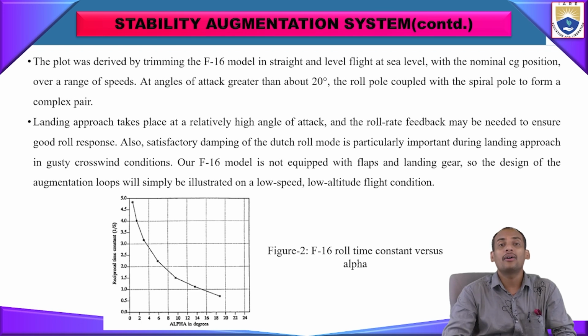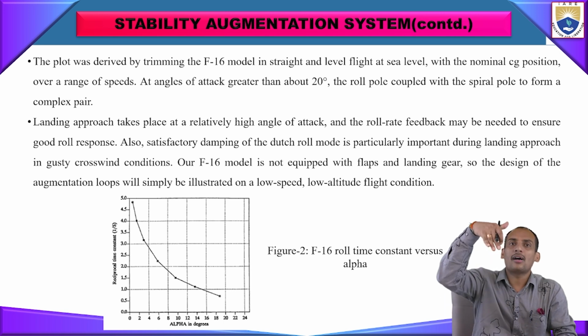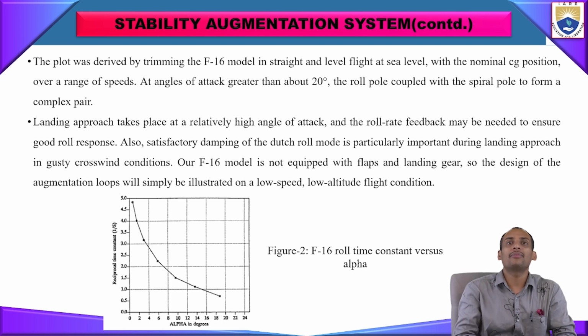Our F-16 model is not equipped with flaps and landing gear, so the design of the augmentation loops will be simply illustrated for low speed flight conditions. Whenever it is approaching landing, the angle of attack will automatically be higher, and at that higher angle of attack the damping of the Dutch roll mode is particularly important.